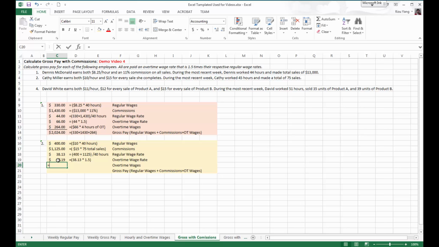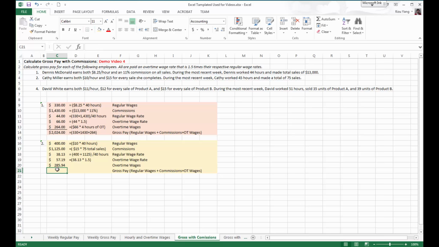So I'm going to go ahead and take that 57.19 times the extra 5 hours that she worked during that week to get $285.94. Okay, so the overtime wages is $285.94.